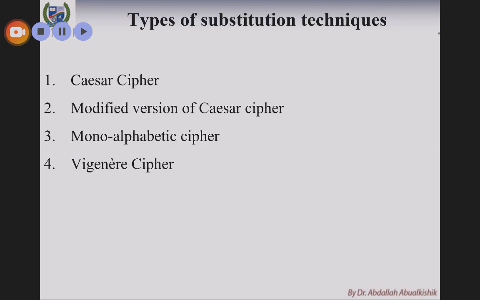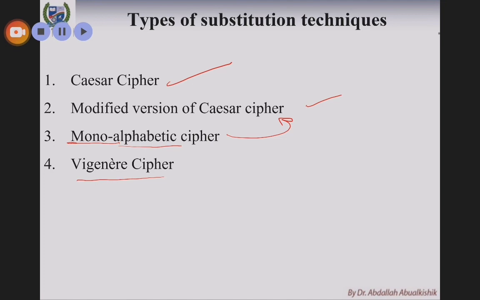In the substitution technique, we have different types of algorithms. The Caesar algorithm is one of the basic algorithms, starting with the Caesar cipher. This algorithm has already been modified, improved, and updated. Then there is another algorithm called the monoalphabetic cipher, which is based on Caesar, and we also have the Vigenère cipher.